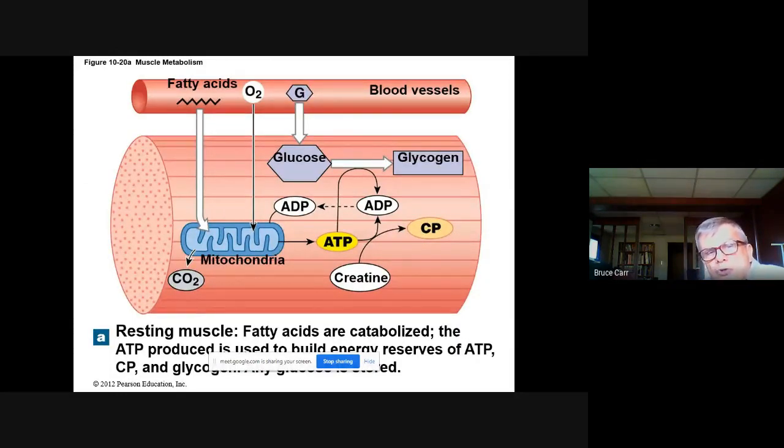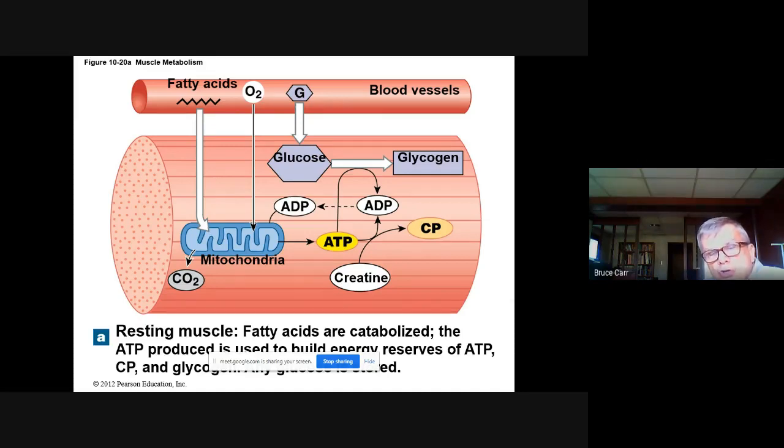Well, the blood vessels are delivering fatty acids and glucose. They're also delivering amino acids, but basically those are different carbon fragments, and they would act pretty much like the glucose. What your body is doing is using fatty acids principally in your mitochondria to take care of all your ATP needs.